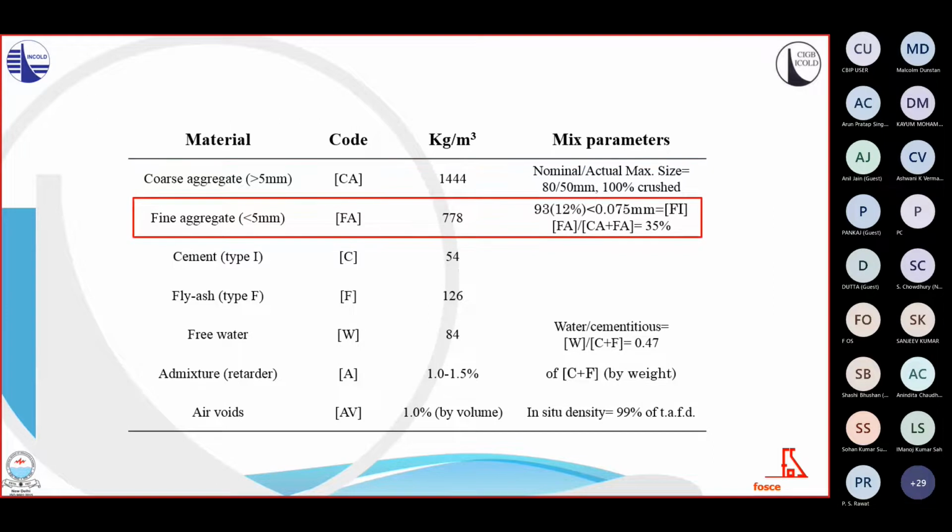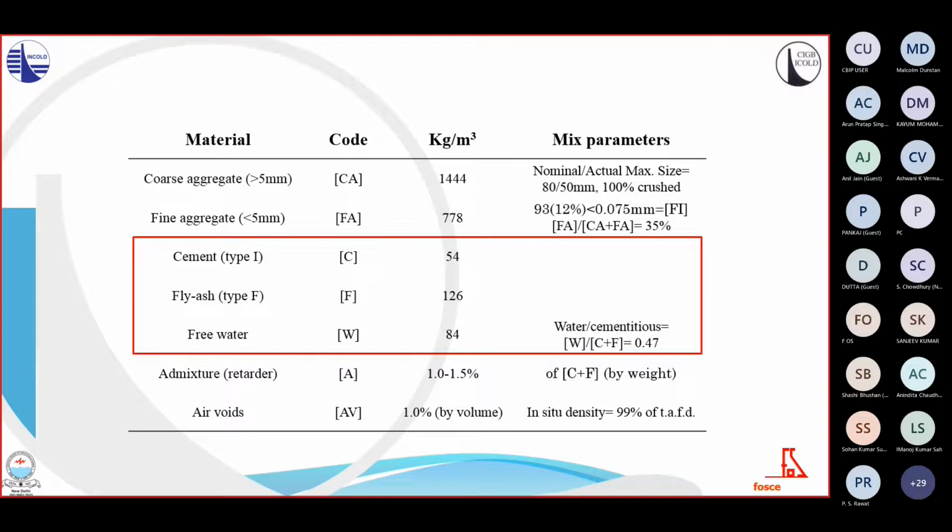Fine aggregate is 778 kg per cubic meter of crushed limestone, which represents 35% of the total aggregate. The fine aggregate has an average of 12%, that is 93 kg per cubic meter of aggregate fines, or filler, minus 75 microns. Cement type 1 is 54 kg per cubic meter, fly ash is 126 kg per cubic meter, and free water content is only 84 liters per cubic meter.